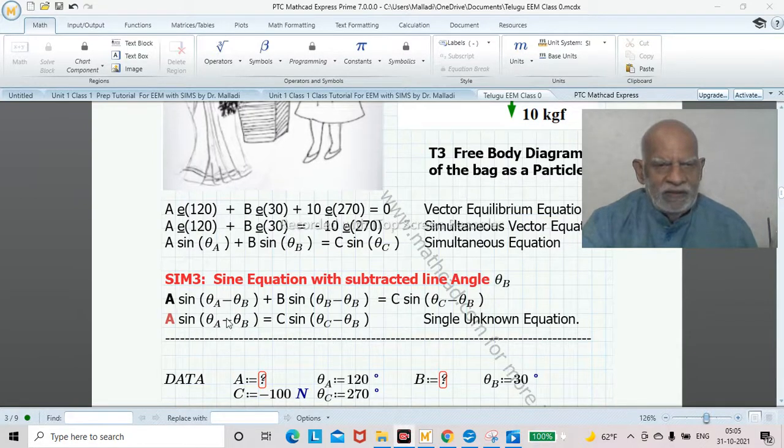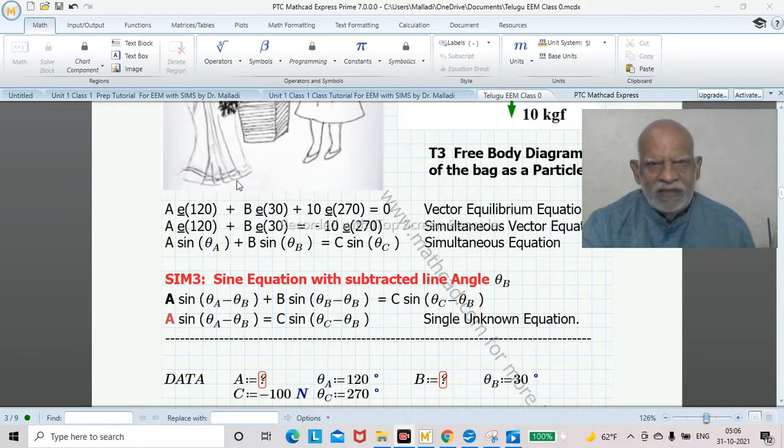In the same way, if I subtract theta A, then A will be eliminated, and you can find out B. Therefore we are converting simultaneous equations in two or more unknowns, or usually two in this case, into single unknown equations, which are very easy to solve. All this is theory.